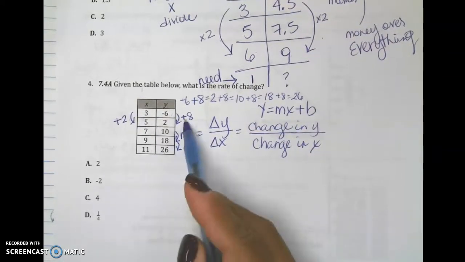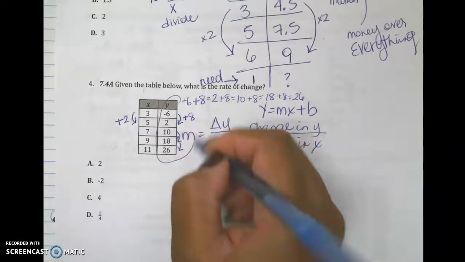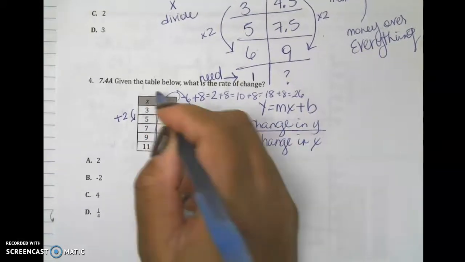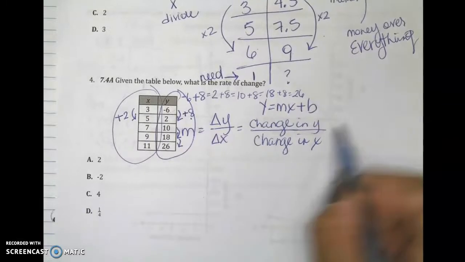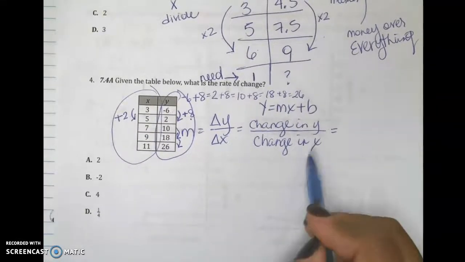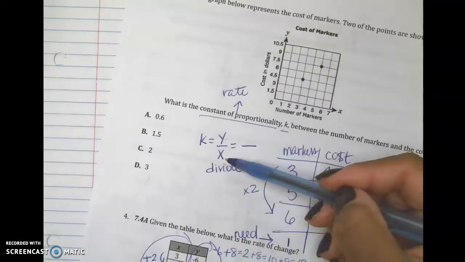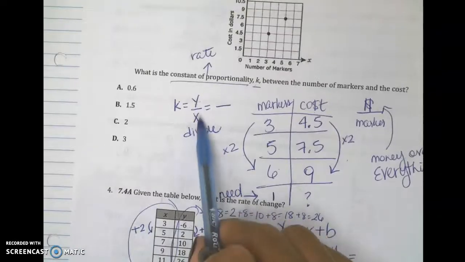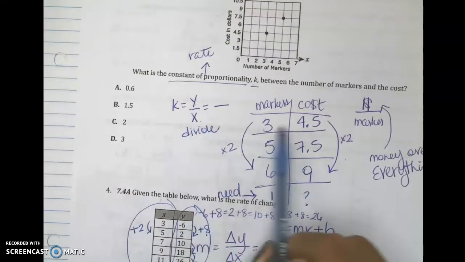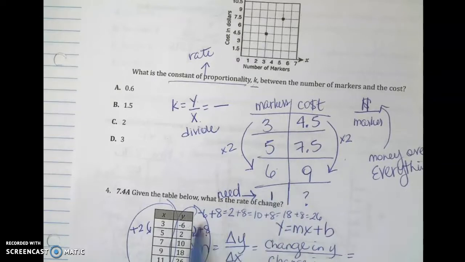So now I need to take my change in y, which is, here's my y column over here, and then my change in x, and then divide them. Again, y is always on top. Here I'm not finding a change in y and x because it's consistent. It's a multiplicative relationship.